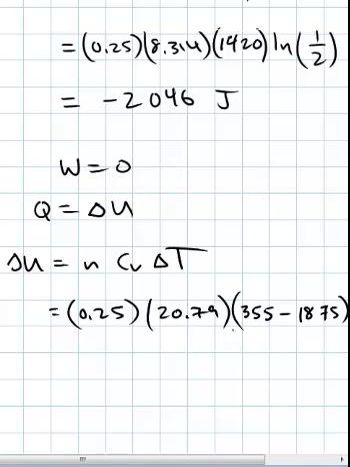And remember, it's always final temperature minus initial temperature. So T1 minus T4, and that gives us a negative 7,900 joules.